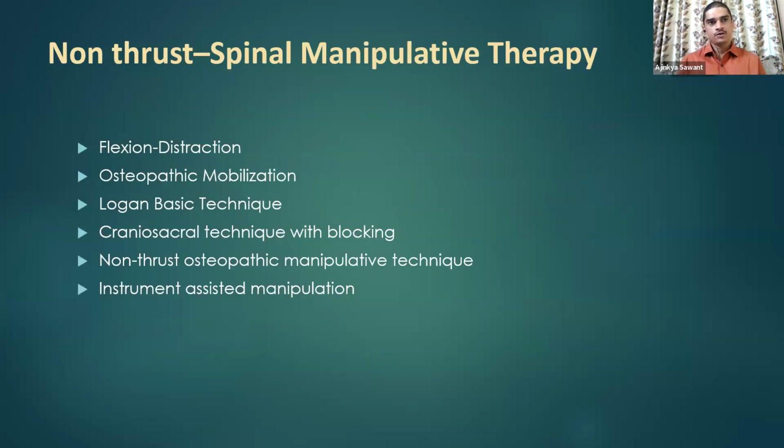Non-thrust techniques, non-thrust spinal manipulative therapy, is what we use in acute and subacute cases. In chronic cases, we can think of manipulations. Yes, we do. What I said right away is flexion distraction, osteopathic mobilization, Logan basic techniques, craniosacral techniques with blocking, non-thrust osteopathic manipulative techniques, which is mobilization grade 1 to 4, and instrument assisted manipulation, ISTM.